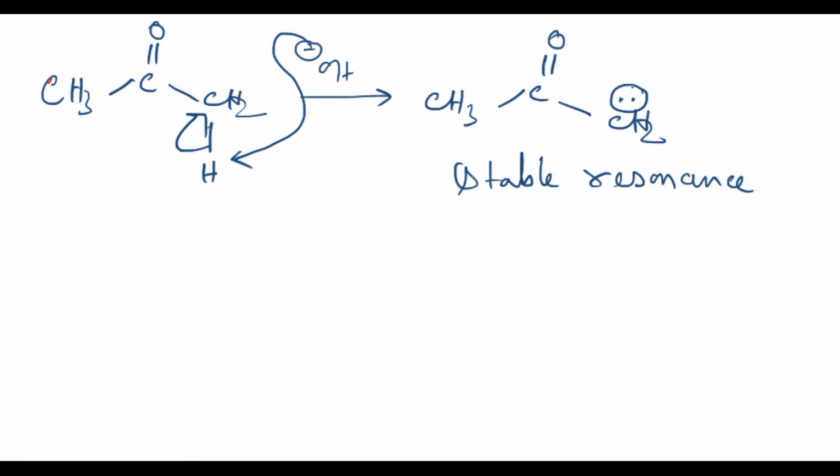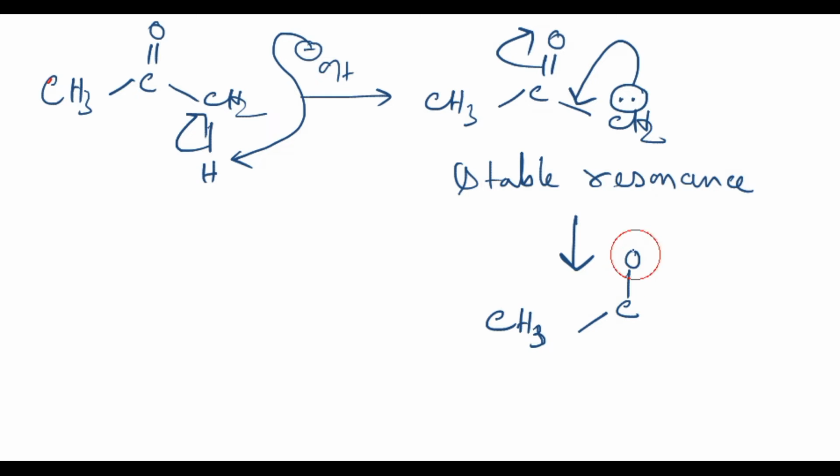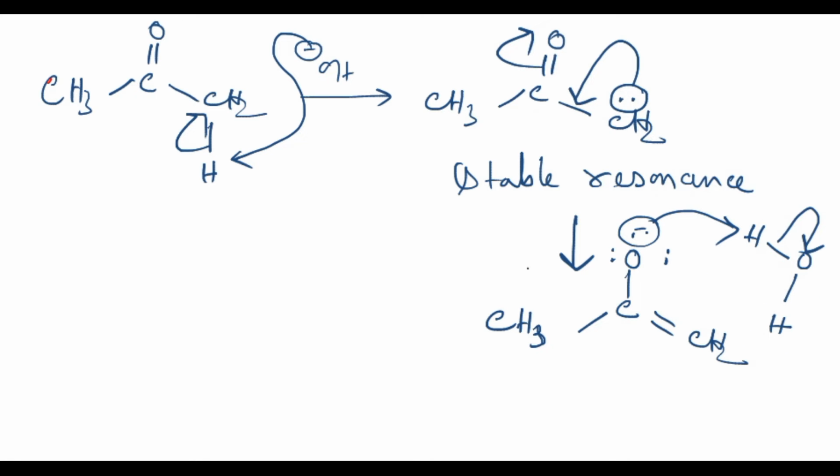This is stable due to resonance. Now see what happens. The electrons from here move to this bond and this pi bond moves to the oxygen atom. Thus the charge shifts to the oxygen atom. Here you get the double bond. Now this negative charge abstracts a proton from water and gets converted to the enol form.